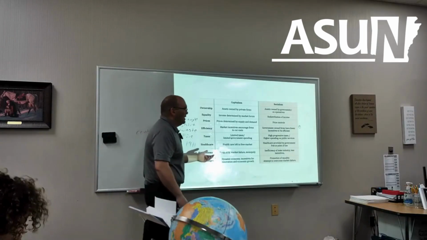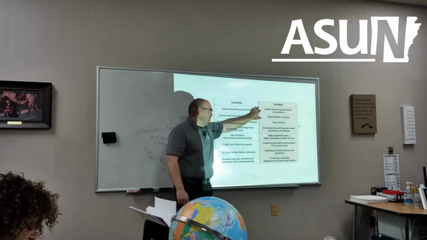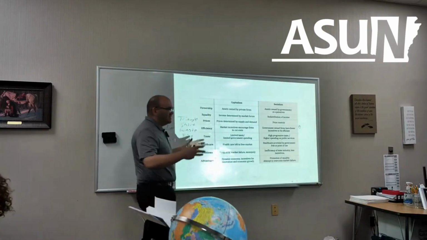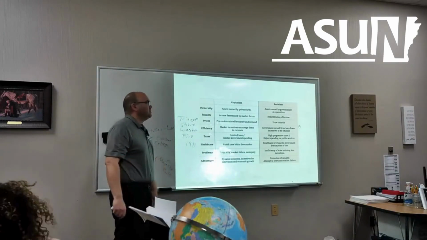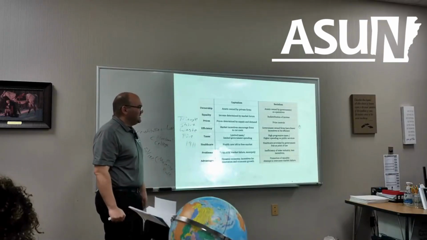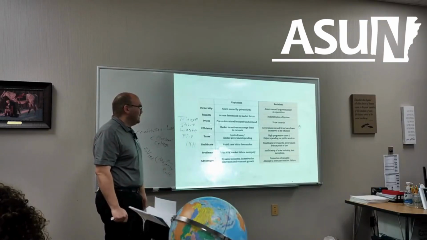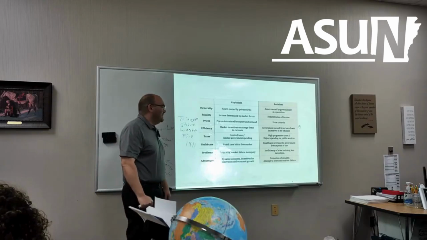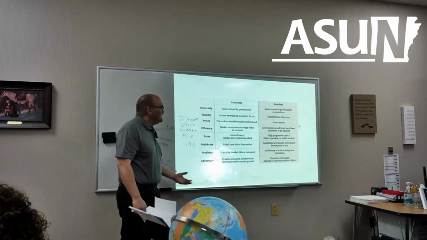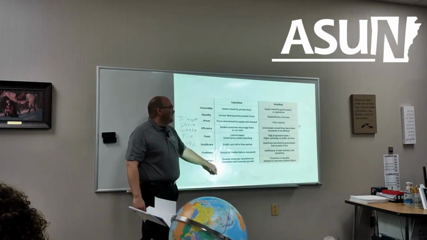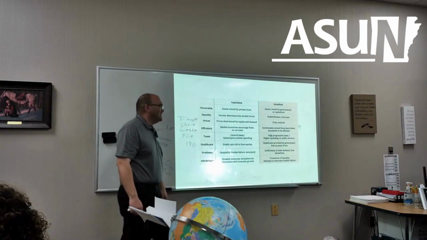Especially under Franklin Roosevelt, if you study, he really expands the role of the U.S. government with his alphabet programs and things like that. I would say at this point maybe we're 70% capitalist, 30% socialist, right?